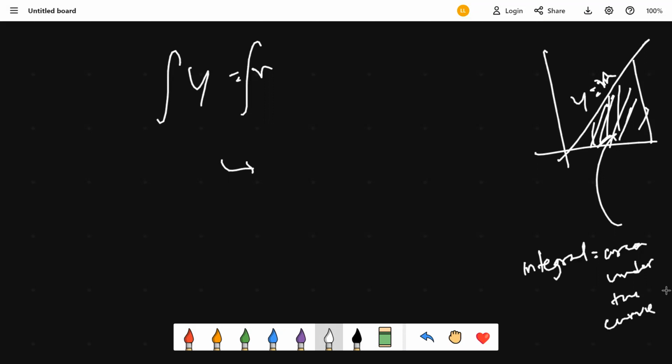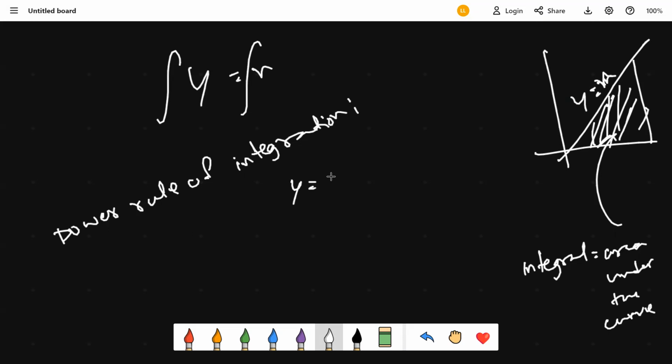Now, the most common technique for finding these integrals is using the power rule of integration. Now, what is the power rule of integration? The power rule of integration looks something like the following. Let's say we have an equation y equals x to the power n, okay?